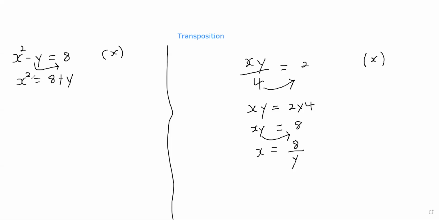So it becomes a square root, and we need to square root everything on the other side. So x is the square root of 8 plus y. All right. This is the first one we do. Then we do the next one.